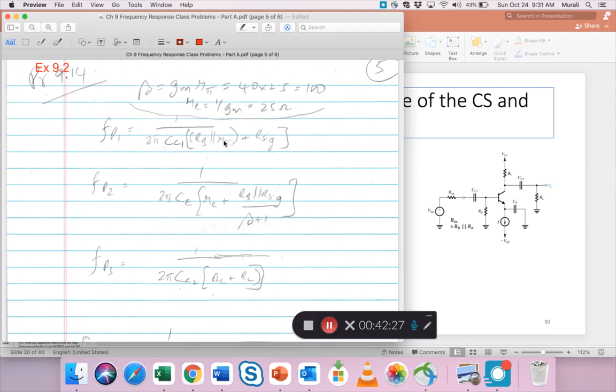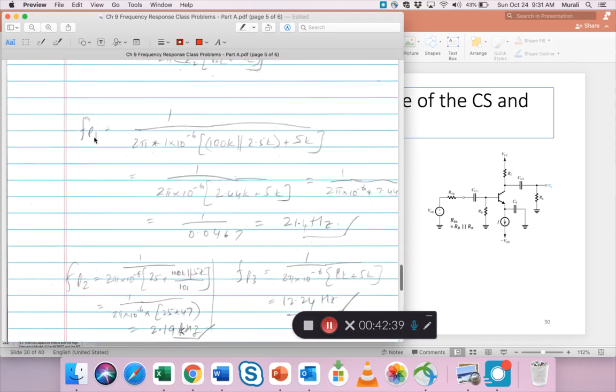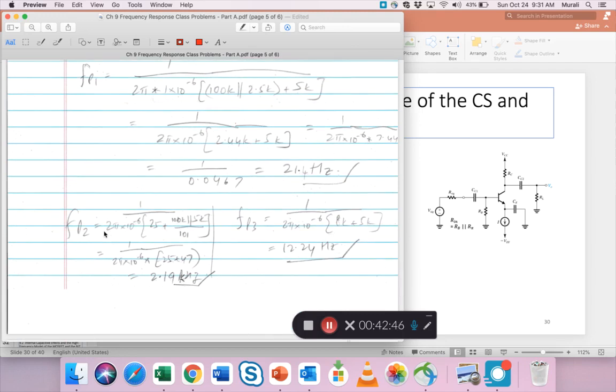You can first find these resistances R1, R2 and RE, or you can just directly write these formulas. So I've written the formulas, and you can calculate FP1 as 21.4 Hertz, FP2 is 2.19 kilohertz, FP3 is 12.24 Hertz. So the value of this FP2 is much higher than these two frequencies, right?